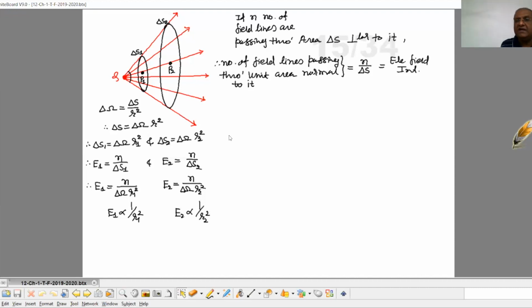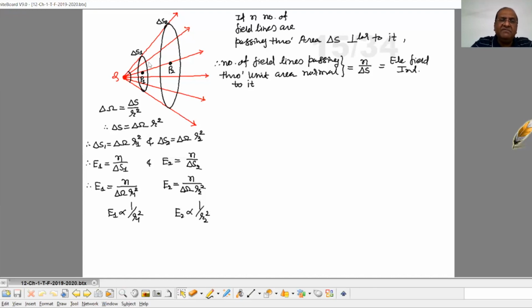So if we think about any point and there we take the unit surface area, and then calculate the total number of field lines passing through it normally, then that is equal to the electric field intensity at that particular point. As per that definition, if we take the electric field intensity at point P1, then we can write E1 equal to the number of field lines passing through unit area at point P1 perpendicular to it.